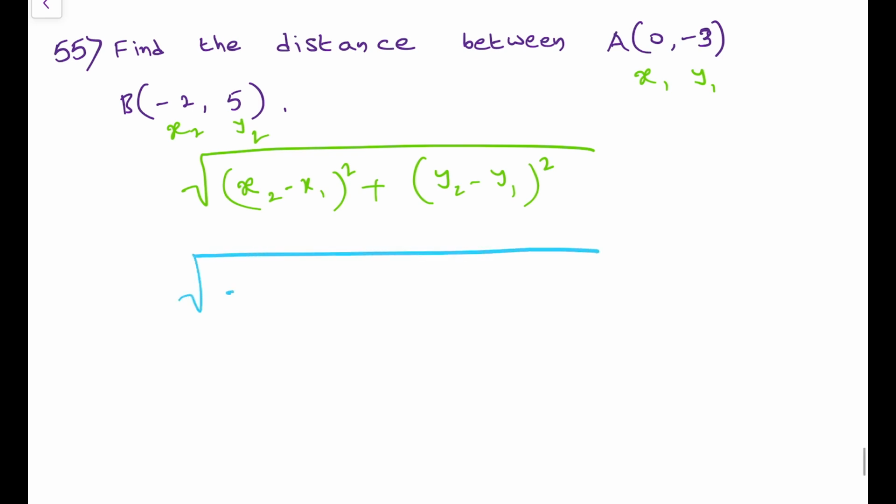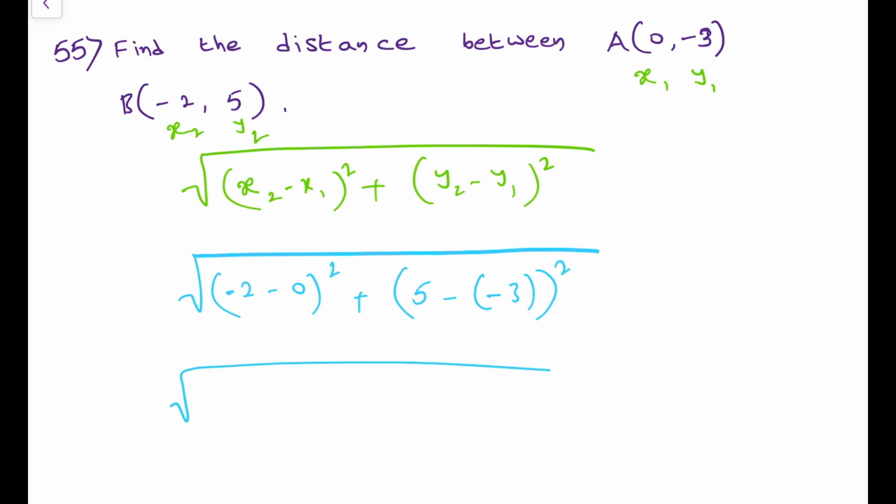Now let us substitute those points in our formula. x2 is -2 minus x1 is 0 whole square plus y2 is 5 minus y1 is -3 whole square, under root. That is (-2 minus 0) which is -2 whole square plus 5 as it is. Here we have two symbols, right? Minus into minus, so that will be plus 3.